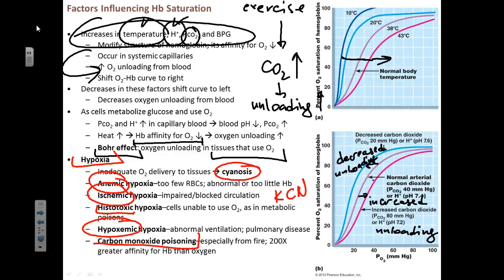So carbon monoxide, if we try to write down the equation for it, it's going to be like this. Sorry, not CO2, of course. So CO plus hemoglobin forms carboxyhemoglobin. Now, carbon monoxide here binds to the same place as oxygen.